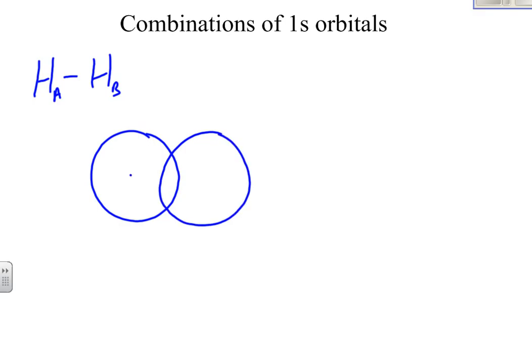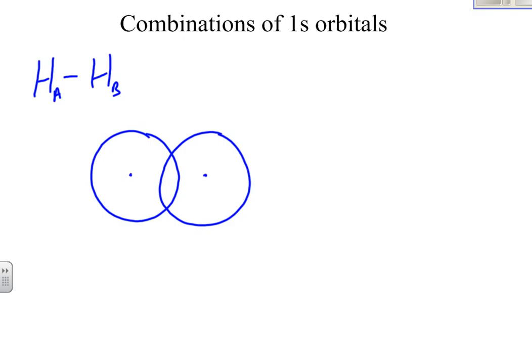And we've got our nuclei in the middle there. Okay. If I do the negative combination here, so the linear combination means you add the two together and then you add the inverse of the second one, or the inverse of it.